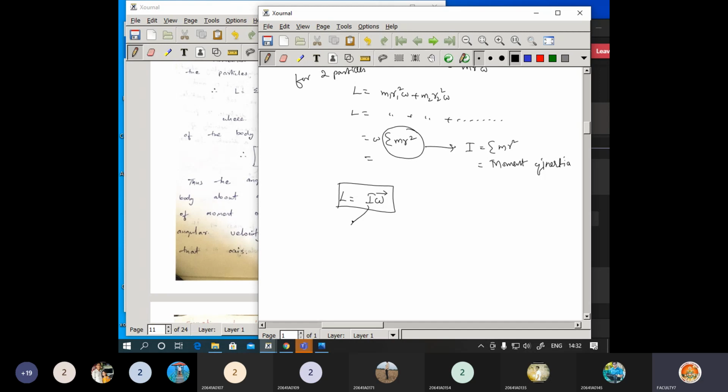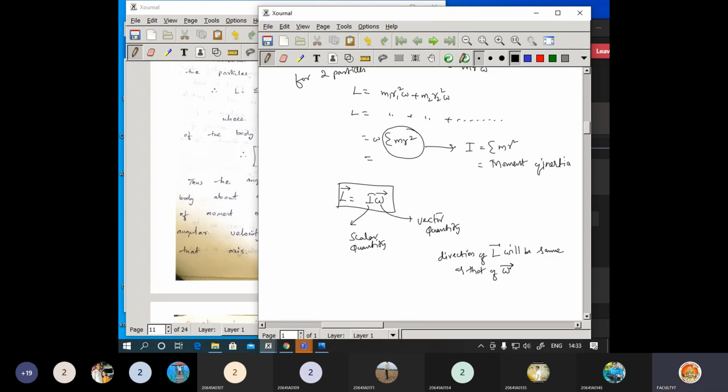Now here I is a scalar quantity and omega is the vector quantity, and as a result you will get this as a vector quantity, and the direction of L will be the same as that of omega.